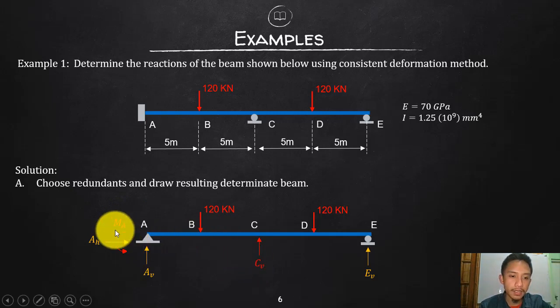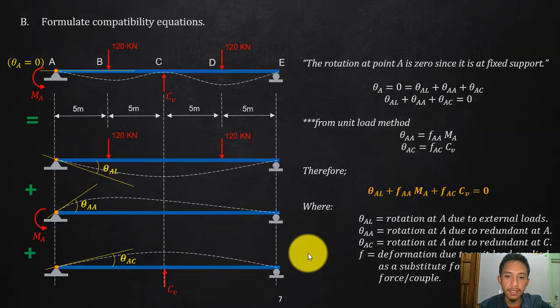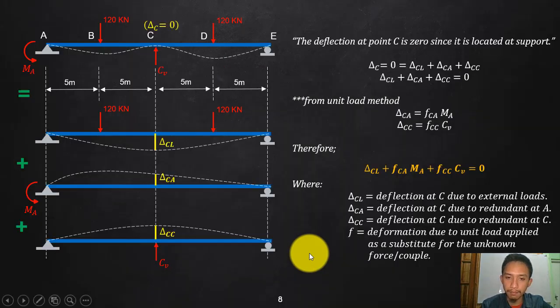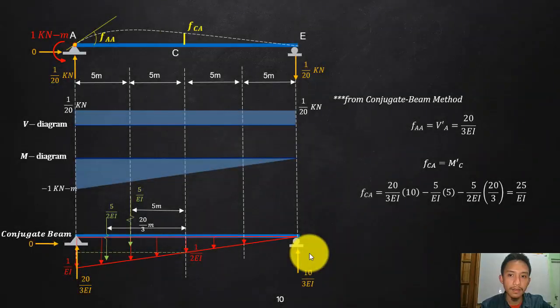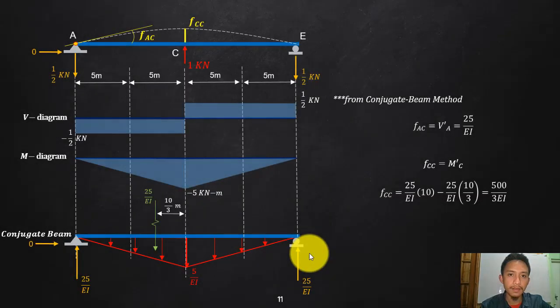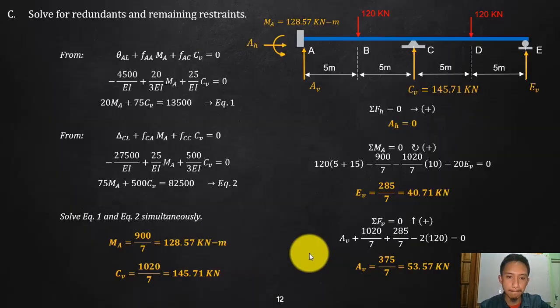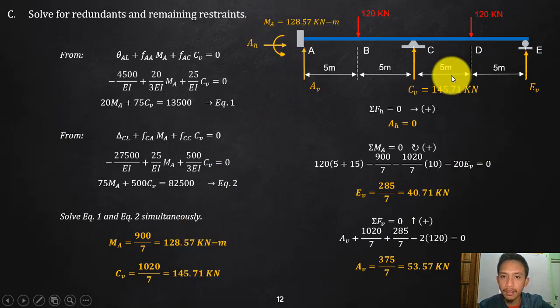Now I will apply it as a load together with your 120, and then solve AH, AB, and EV using statics. Okay, since that is now the remaining unknown in our problem. So substitute that MA, substitute that CV. You have only 3 unknowns, 3 reaction unknowns.